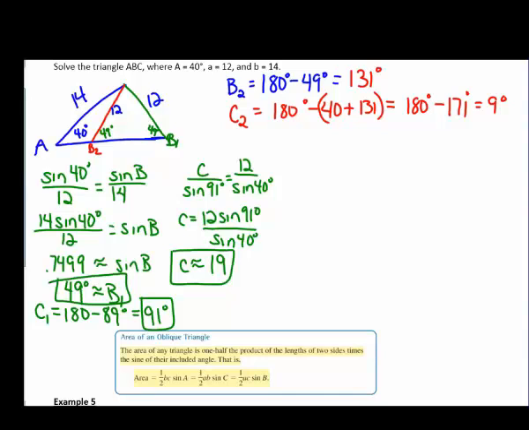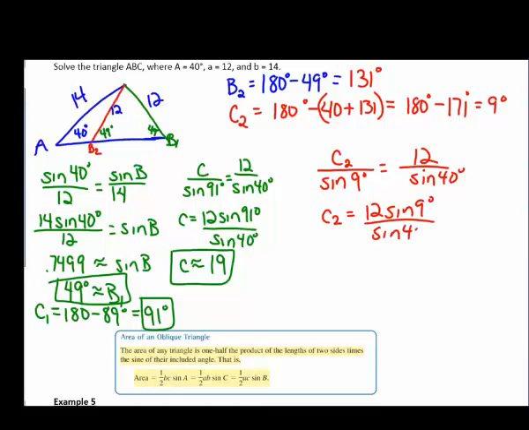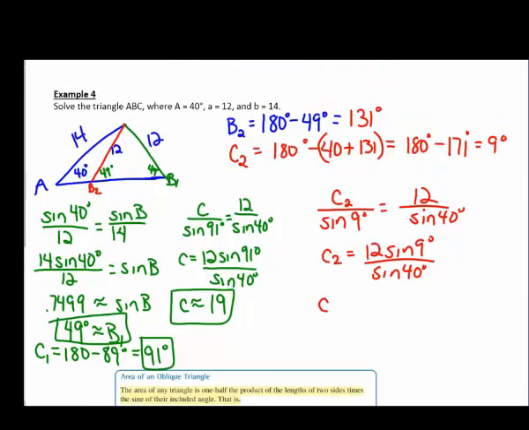All right, so now we can find side c. So c sub 2 over the sine of 9 degrees equals 12 over the sine of 40 degrees. So c sub 2 equals 12 times the sine of 9 degrees over the sine of 40 degrees. And when we plug that in the calculator, we end up with c is approximately 3. All right, and so we have found all of the values that we needed for both triangles.